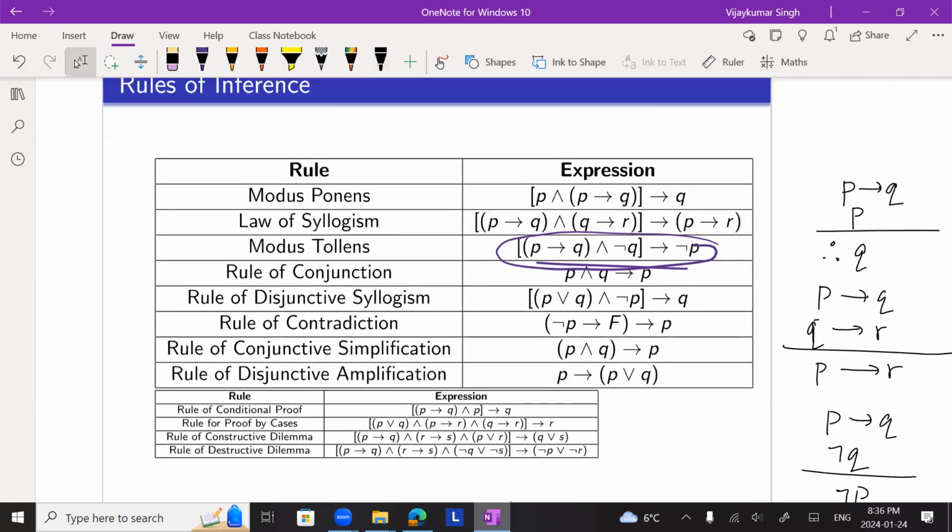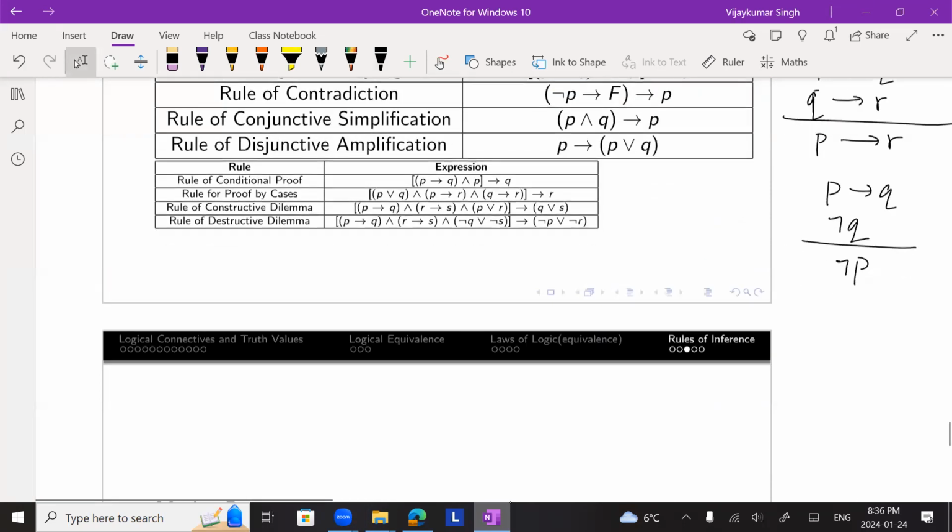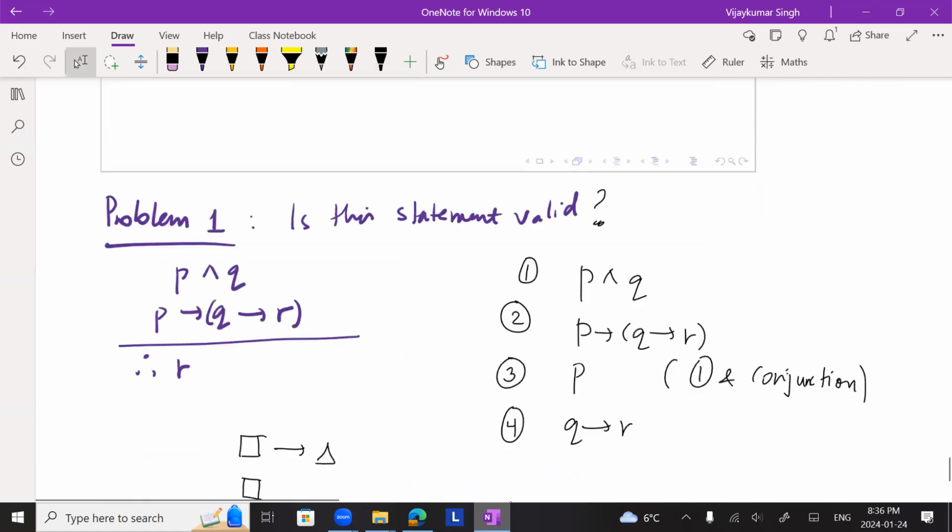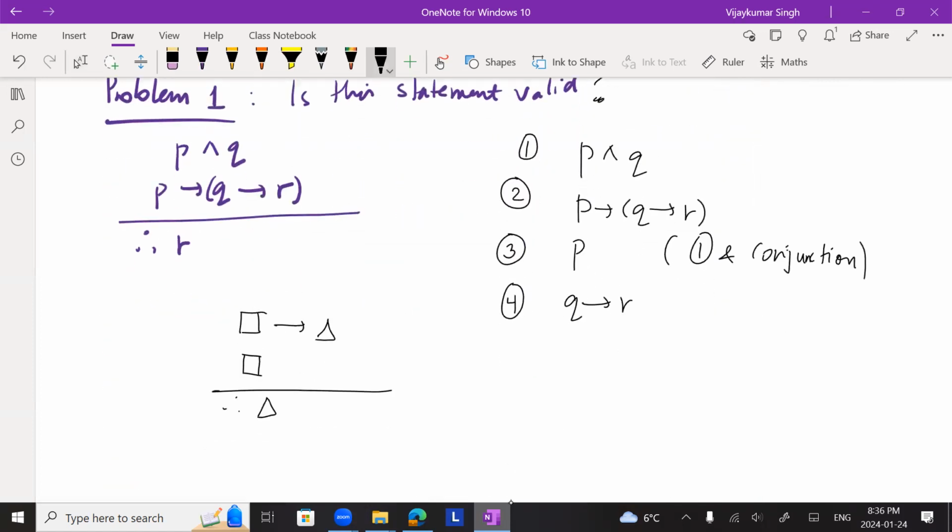We have P implies Q and P, therefore Q. So let's go back to our problem. Therefore, we get this. Again, what can we say? 3. And where are we using modus ponens? 3 and 2 and modus ponens. Do you agree with that?